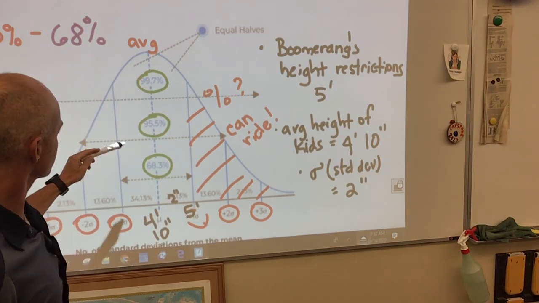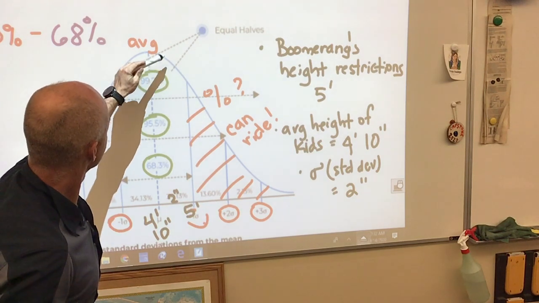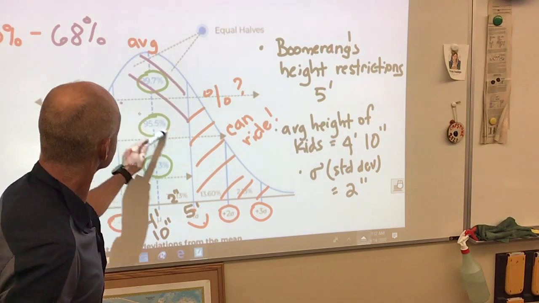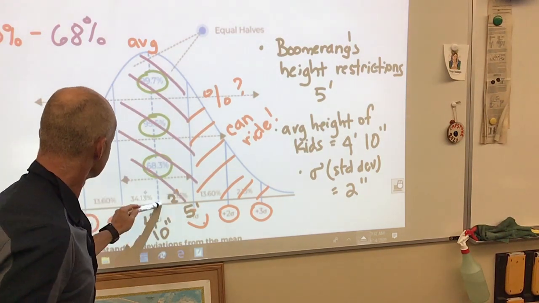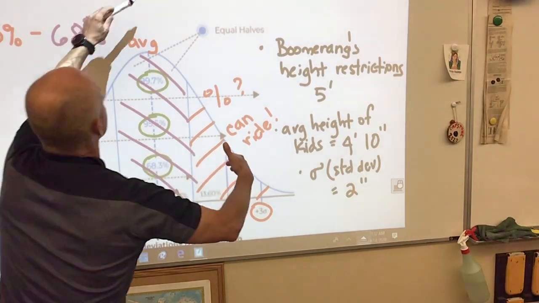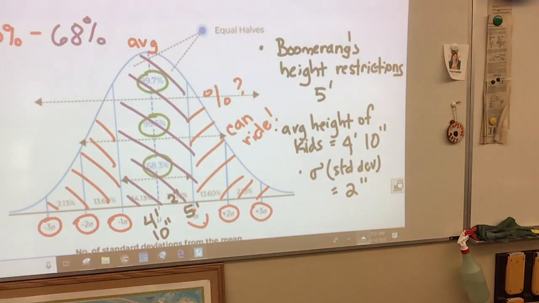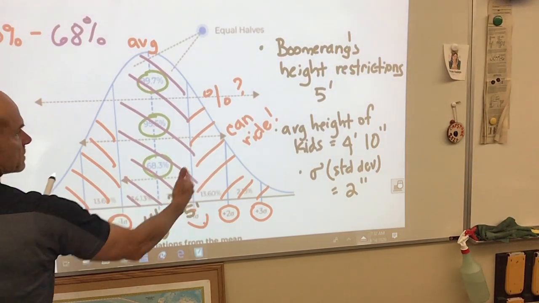So this 68% is this right here. So 100 minus 68% is going to give me these two red areas. Does that make sense?